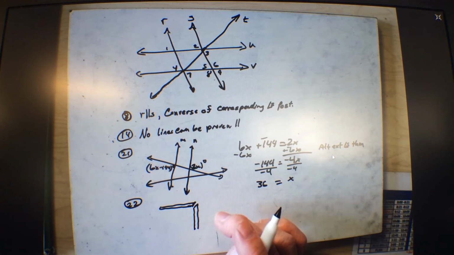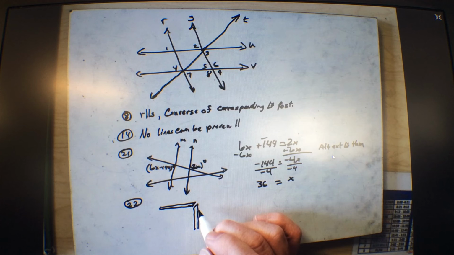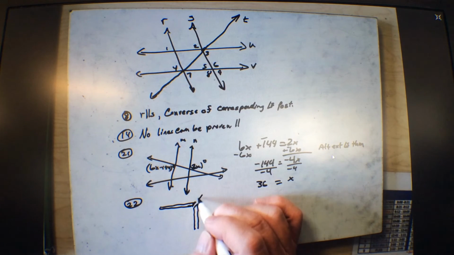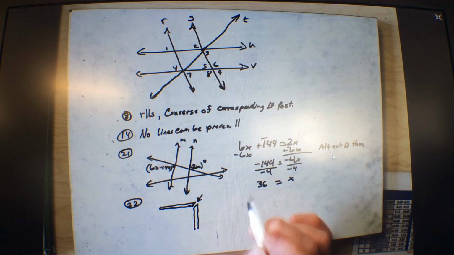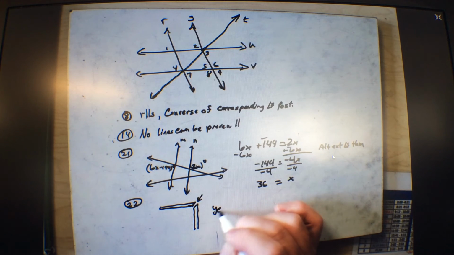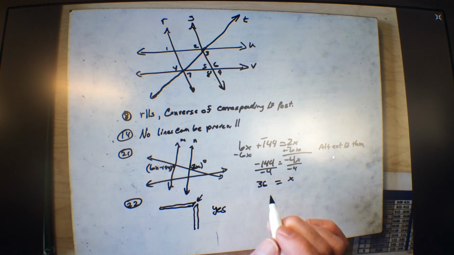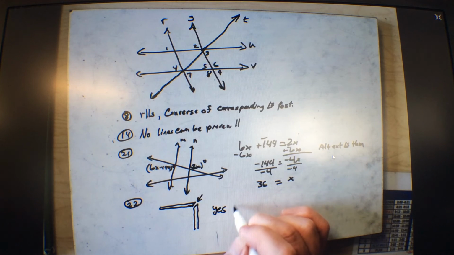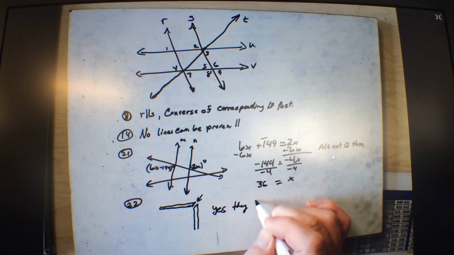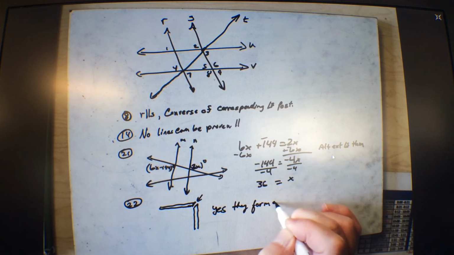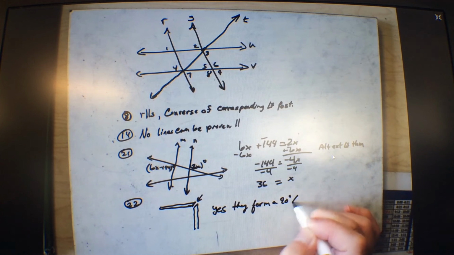Okay, so it says, will the sides of the frame be parallel? Yeah, because this is a right angle, isn't it? So, yes, they will be. Why? They form a 90-degree angle. What else?